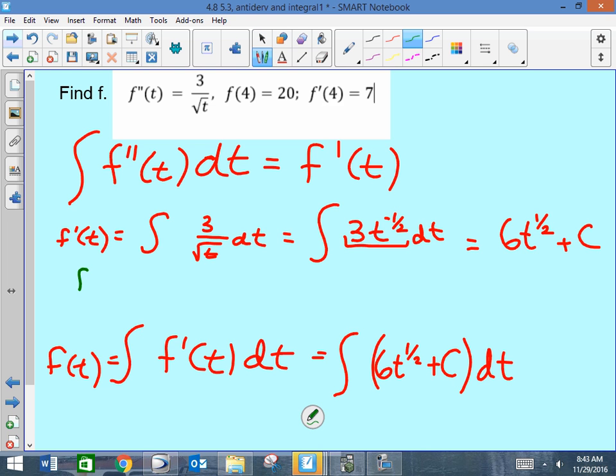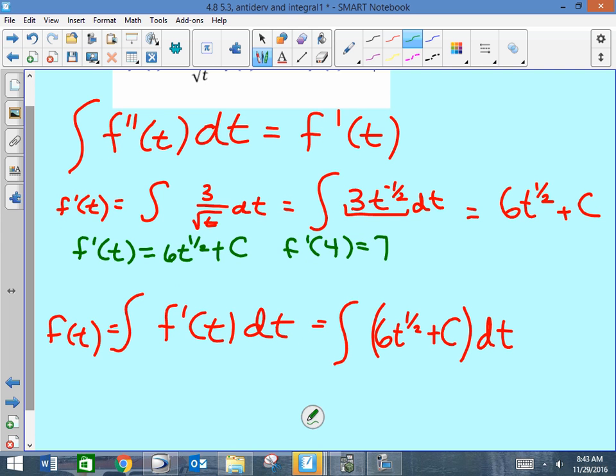We know f prime is 6t to the 1/2 plus c. We know f prime of 4 equals 7. Okay, so let's find c. f prime of 4 means we're going to put 4 in for t. And that is going to equal 7. All right.